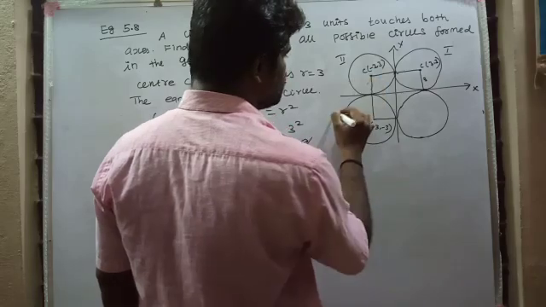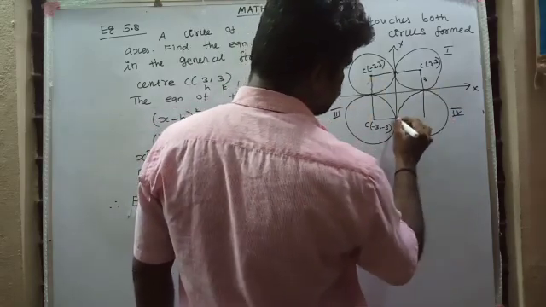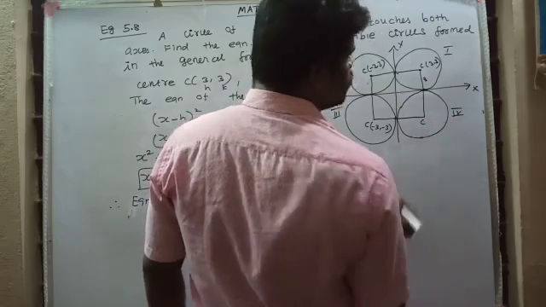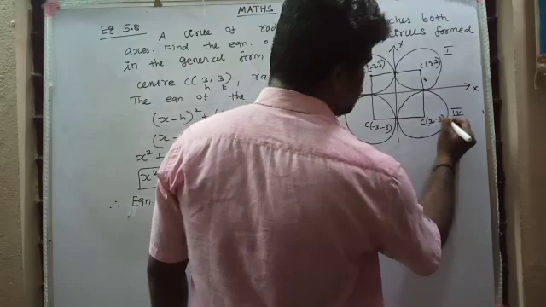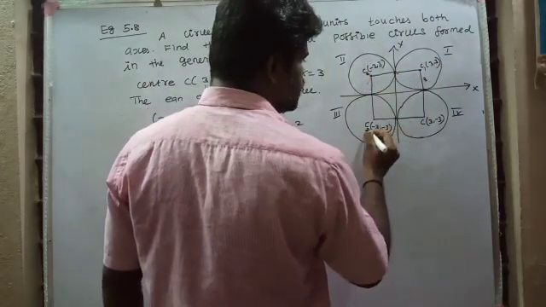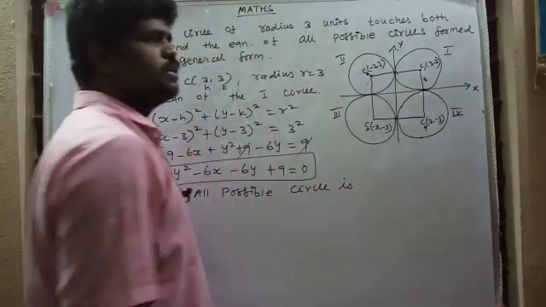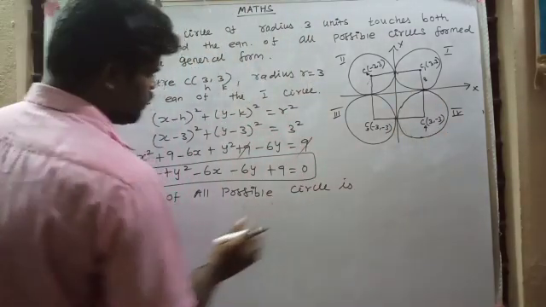This is the second, this is the third, and this is the fourth. This is also C, x distance 3 comma y distance minus 3. These are center 1, center 2, center 3, center 4. Here there are 4 possible circles, so we want to find the possible equations.